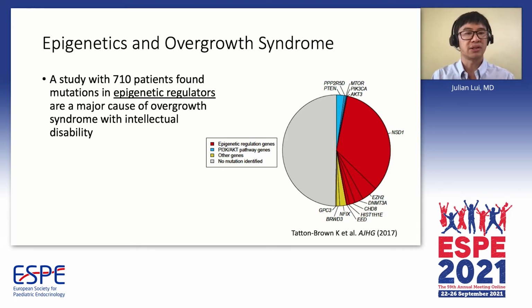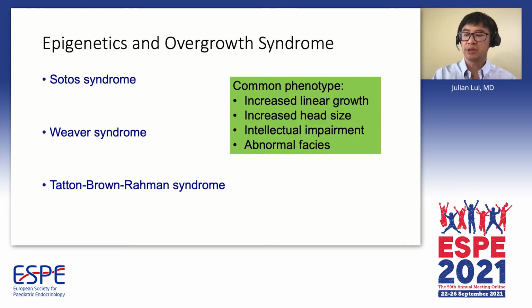There was a study with 710 patients that found mutations in epigenetic regulators being the major cause of overgrowth syndrome with intellectual disability. In particular, there are three phenotypically very similar overgrowth syndromes that all involve mutations affecting either histone methylation or DNA methylation.